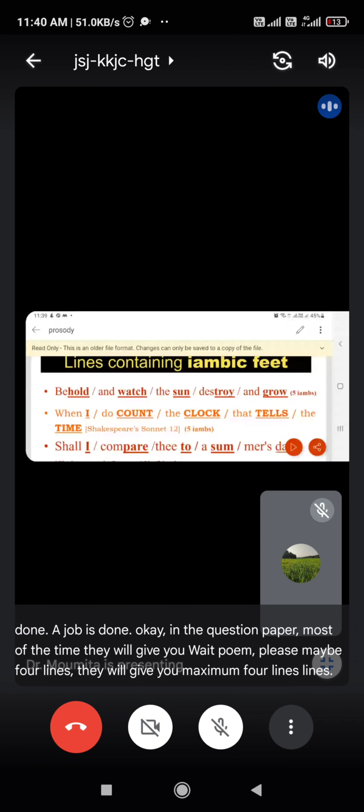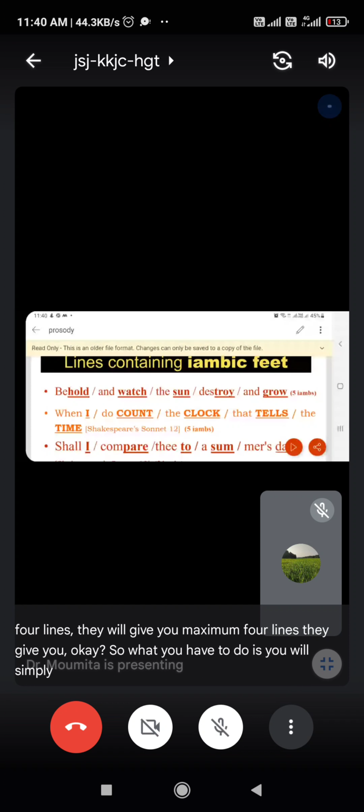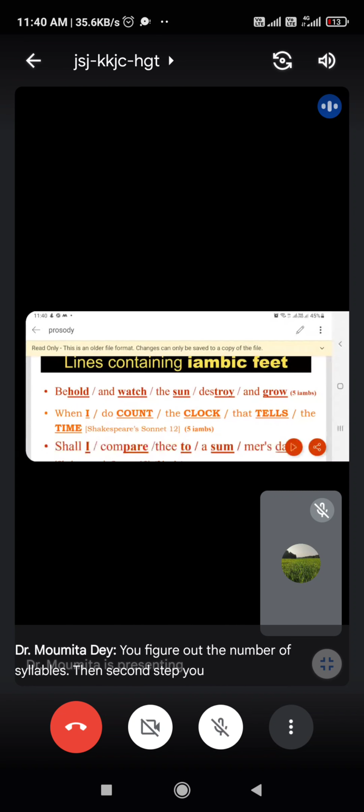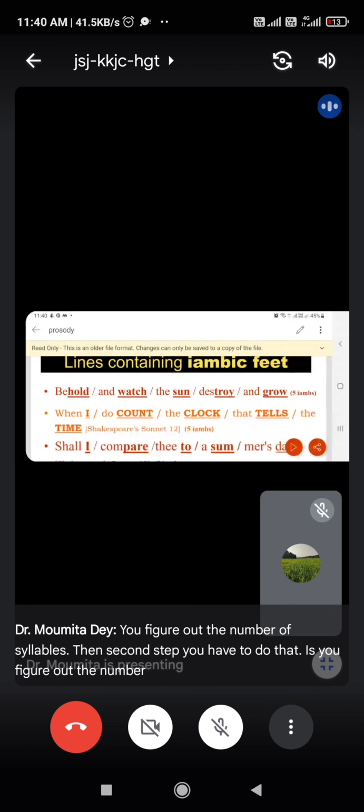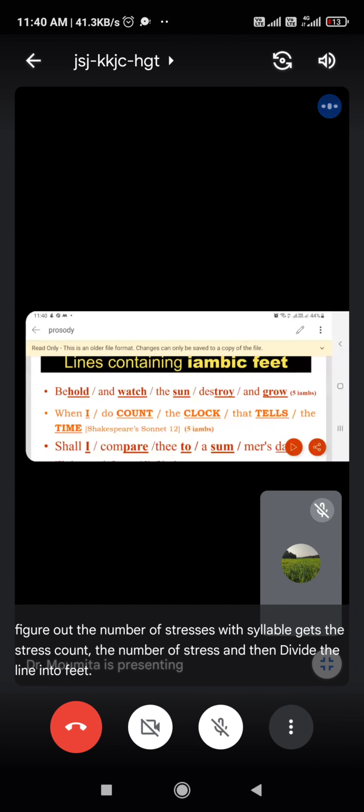So what you have to do is simply this: you figure out the number of syllables, then second step, you figure out the number of stresses, which syllable gets the stress, count the number of stresses, and then divide the line into feet and keep it as it is. That is what the question paper asks you.